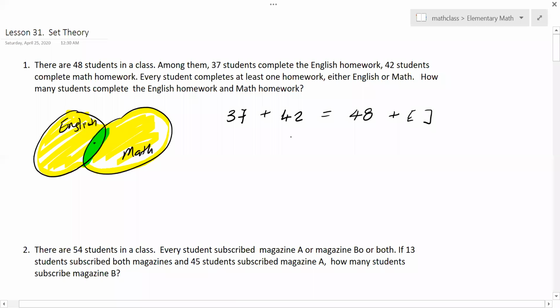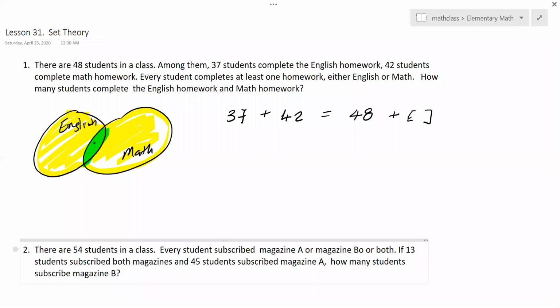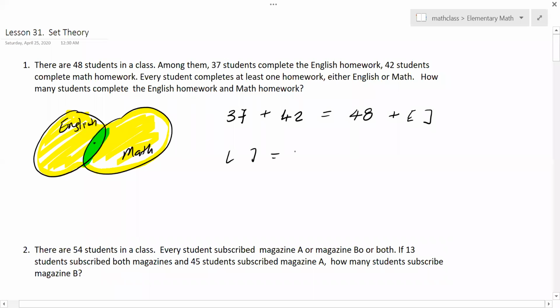So you can also do it this way. This number is going to be 37 plus 42 minus 48. That difference gives you the number of students who complete both homework.